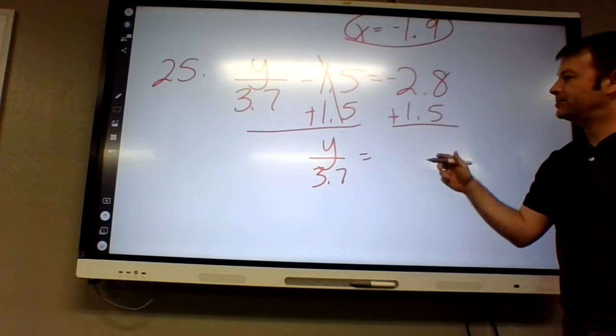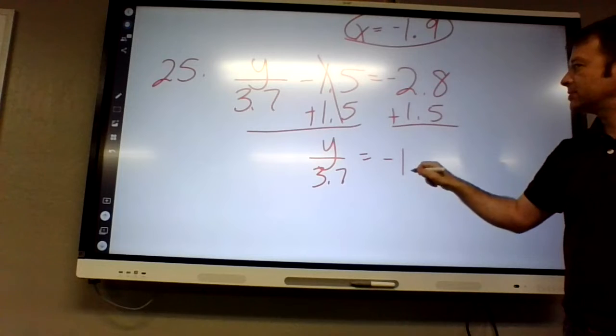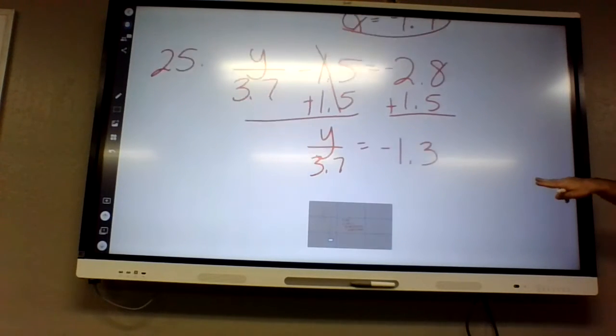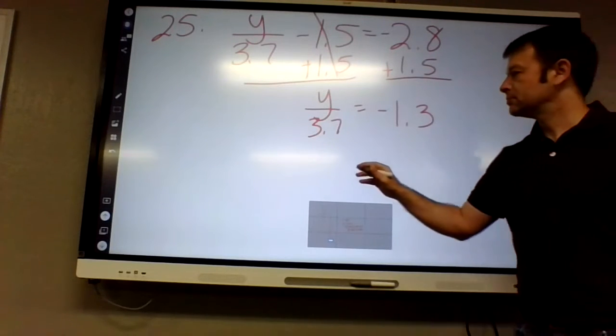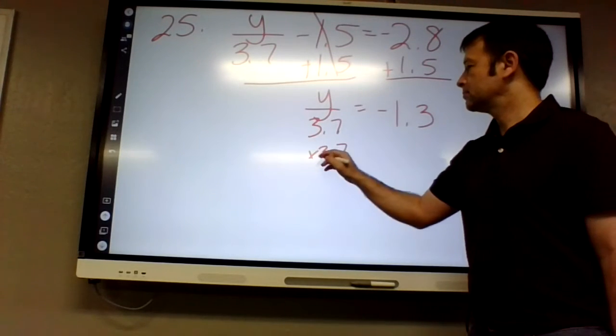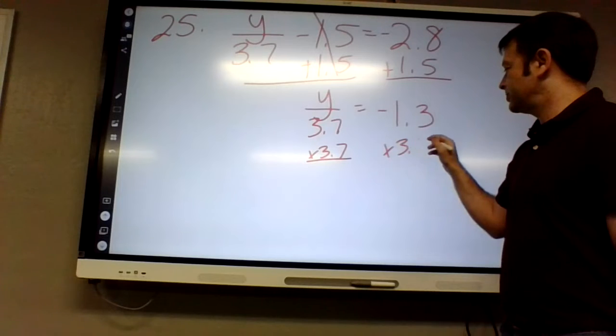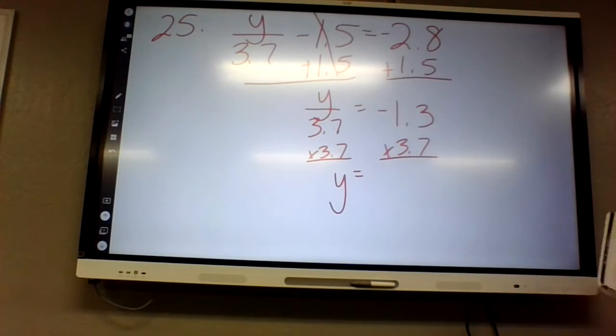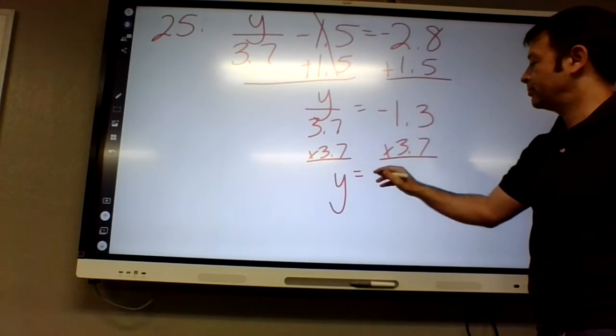I'm basically subtracting, but the negative wins. And now what, Corey? Times 3. I'm going to let you guys do it with the calculator. Negative 4.81.